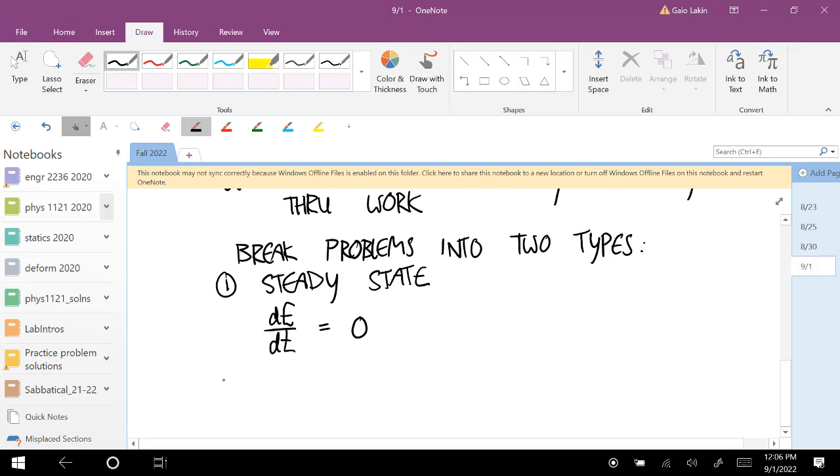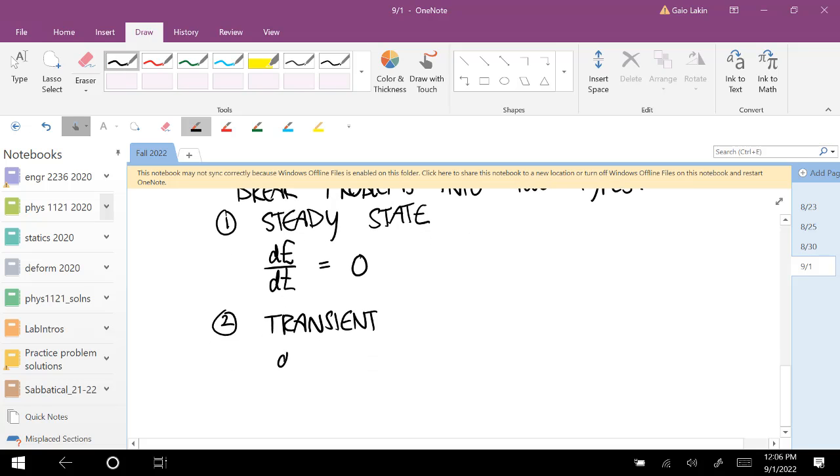And then transient problems, where dE dt is non-zero. In other words, the properties are changing in time.